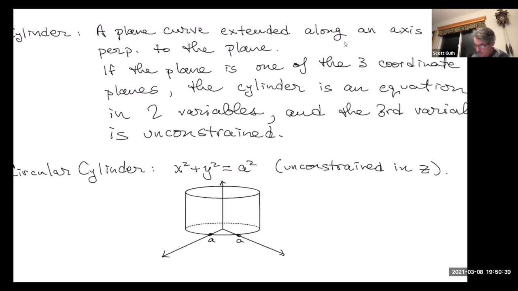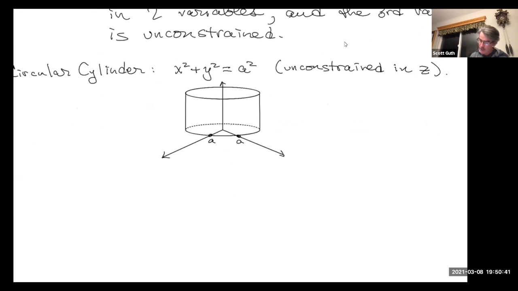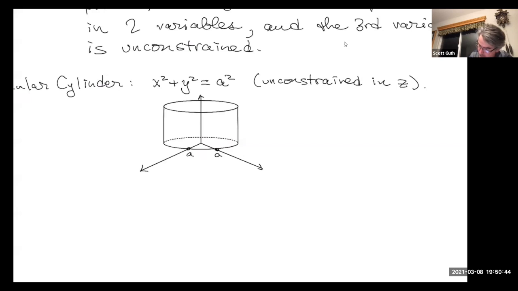Cylinder just is unconstrained in one of the variables. If you want, you could put sides on it. I don't know if coloring will help you, but usually what I do, it's kind of easy on an iPad, where I would shade the front in one color. And then usually I come back and do the back in a different color, and that allows you to see it maybe a little better.